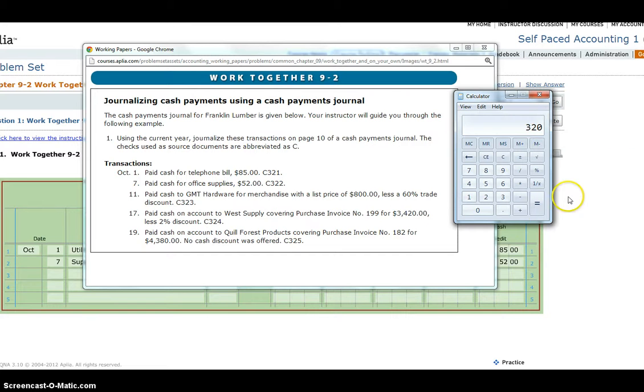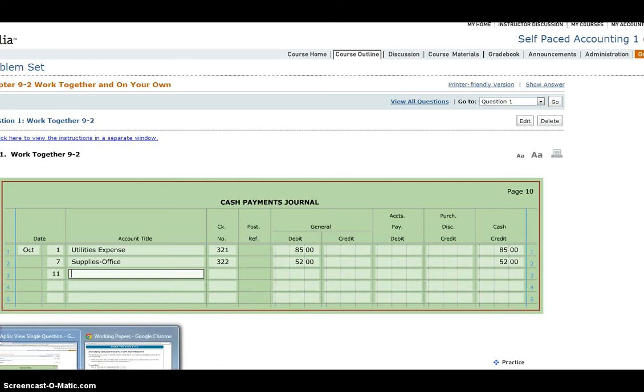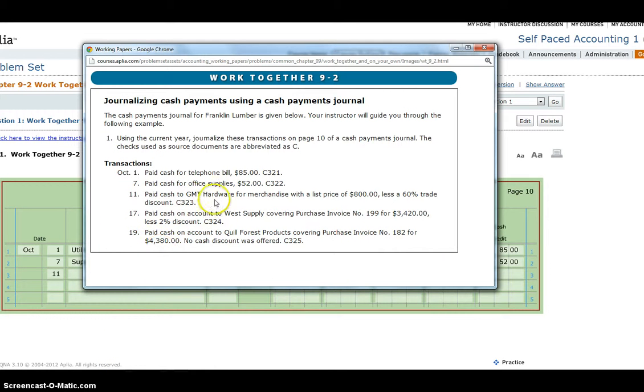A trade discount is very, very simple to record. We go in, we put in the 11th, we put in what we bought, and if you remember, we purchased merchandise, right? So we paid cash to GMT Hardware for merchandise. Here's the difference. This is why we don't put it in the purchases journal, because we paid cash.